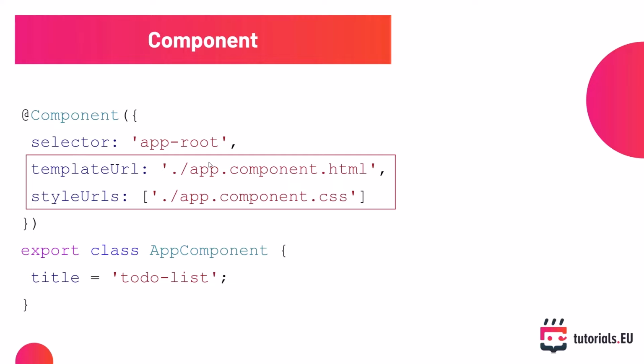The app.component.html, which we have edited, is the actual template for this component. Same goes for styleUrls, app.component.css. And the selector is app-root. So we can use an HTML tag, write down app-root, and it will refer to this component. No worries, we will see that in action.